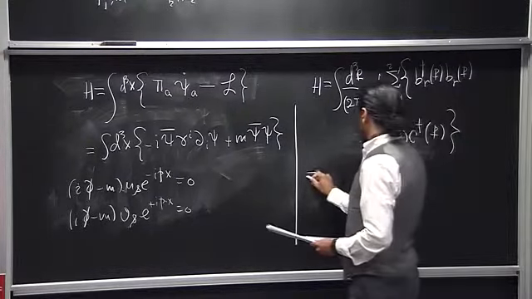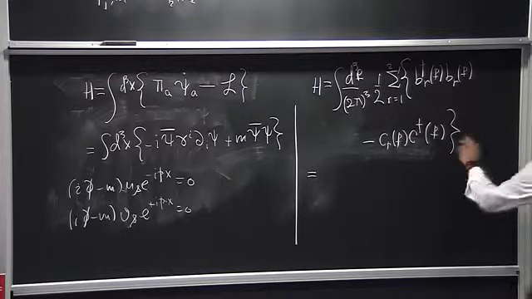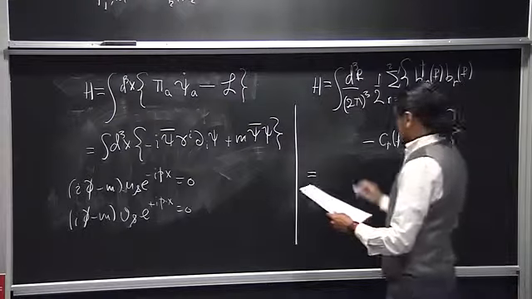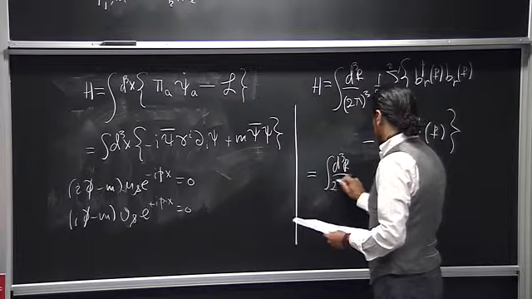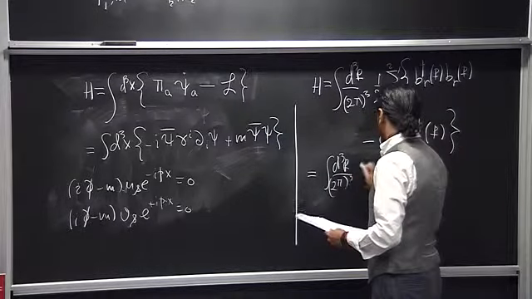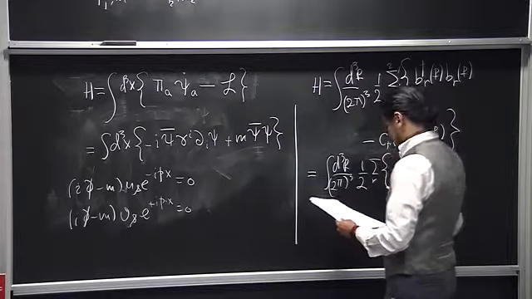And then, if you use the anti-commutation relationship for this thing, you pick up a delta function. And then, as a result, you get a sum over r.